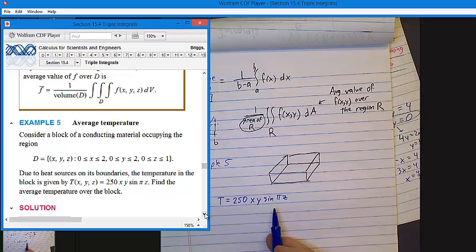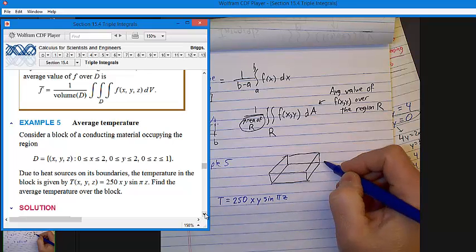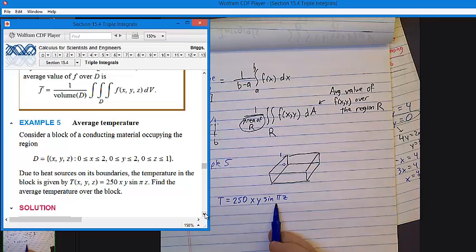Although one thing I will say, what are the values of z varying between? They said z's going between 0 and 1, right? And so what are we taking the sine of? Some number between 0 and pi. And when you take the sine of something between 0 and pi, it's positive, right?